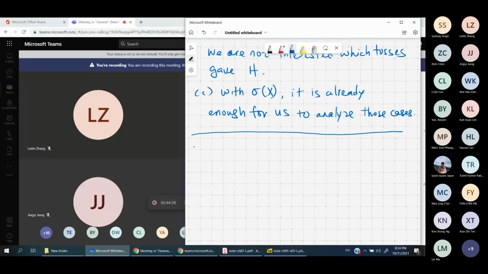So the reason is here. Let's say you have a function from omega to R. I think you have learned this in calculus, right?